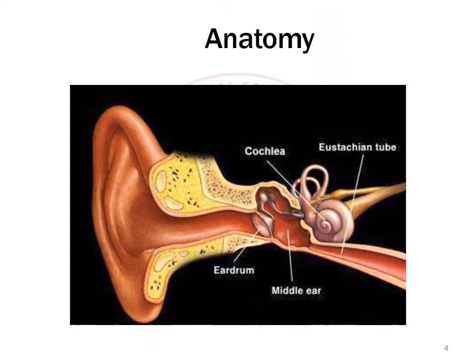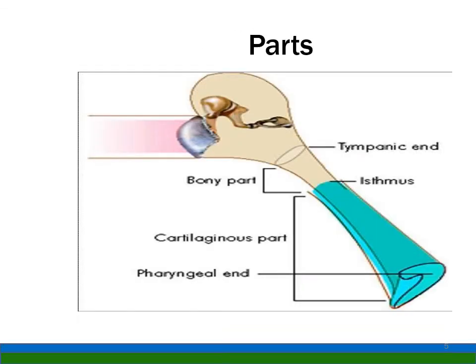So, starting again one more time with anatomy. It is 36 mm long, and it has a bony part and a cartilaginous part. The cartilaginous part is towards the nose, that is anteromedial, and the bony part is towards the ear, that is posterolateral.